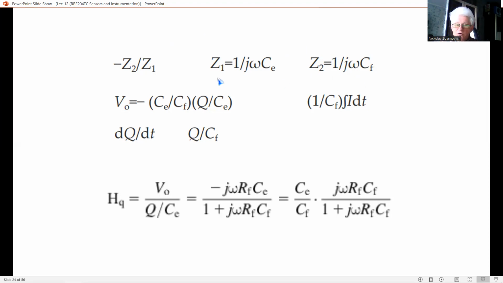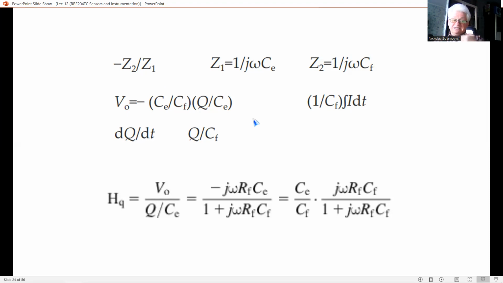Hence, the output voltage equals minus (CE over CF) times Q over CE, which indeed does not depend on the cable properties.